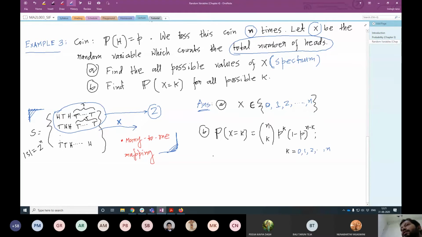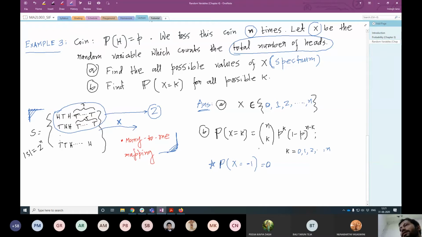If you plug in a different value for k, just a star mark point, say if I ask what is the probability of X equal to -1, which is an absurd question, like -1 number of heads, which is impossible, the probability is 0.